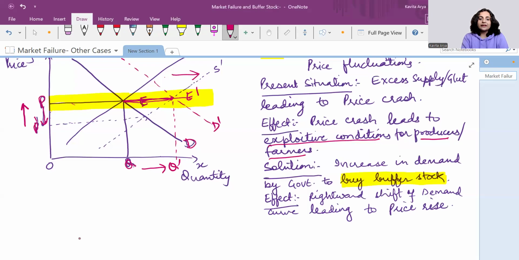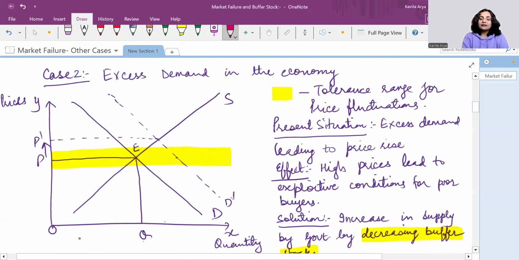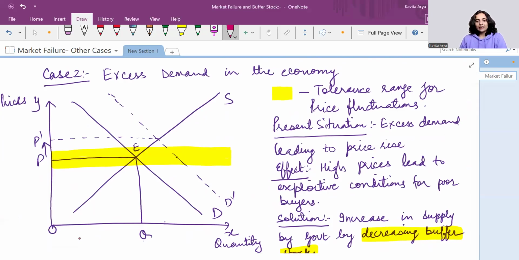Let us see the other case of buffer stock. The other case is when the excess demand is there in the economy. For some reasons, the demand has risen now. Let us analyze this diagram. The traditional demand curve going down, the traditional supply curve moving up here, the equilibrium is determined and the price and quantities have been determined by the market, right?